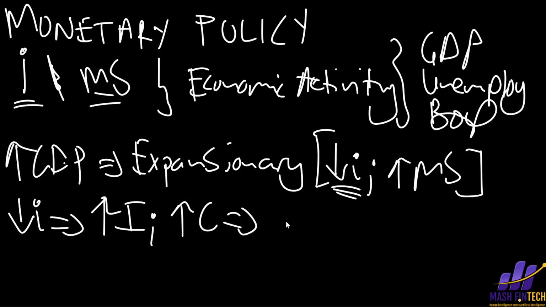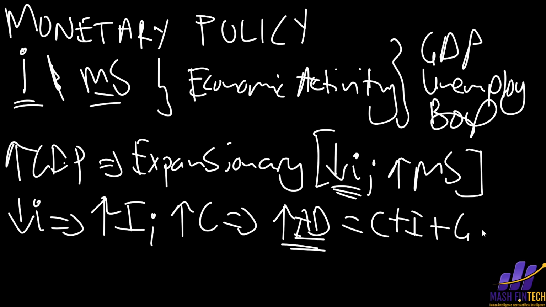So ultimately, aggregate demand will increase, which is GDP or aggregate expenditure. Remember, your aggregate demand is given by household consumption, investment by firms, government expenditure, and net exports. So reducing interest rates or increasing money supply is going to increase investment expenditure and household consumption expenditure, which increases aggregate expenditure, and hence the economy is going to grow.